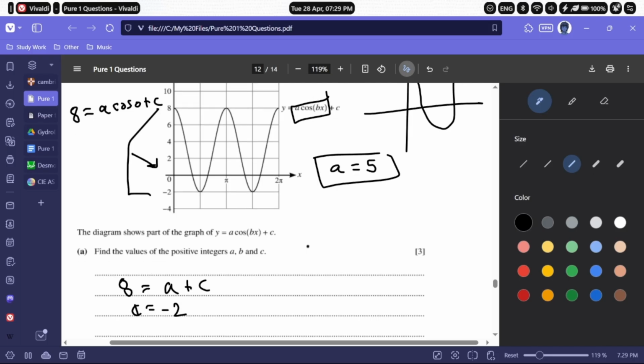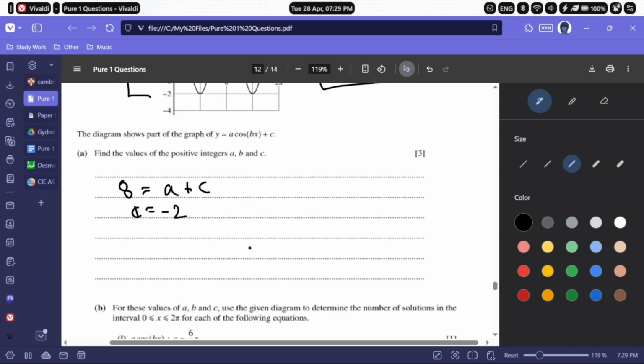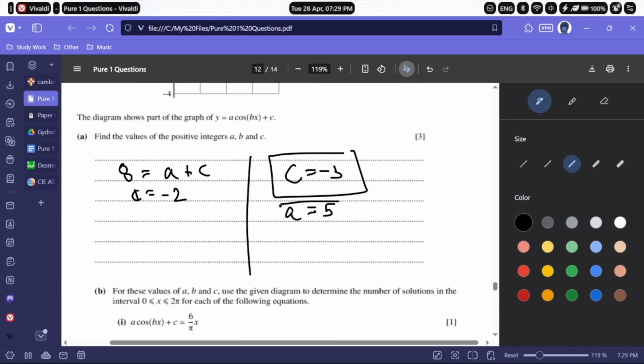Oh, yeah, right. My bad. Because the least value that the cos graph can... Oh, I'm tweaking right now. I'm so tired. Anyway, c is minus 2. Apologies. a would be 5. Okay.